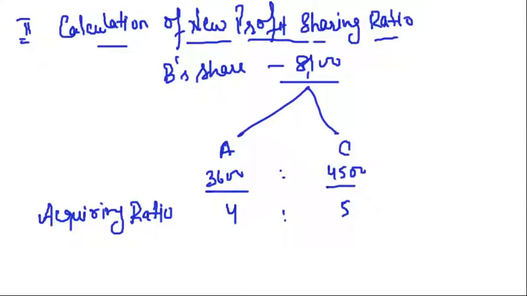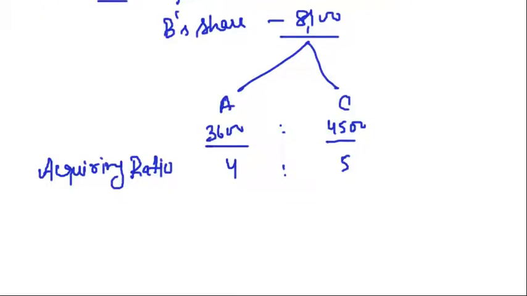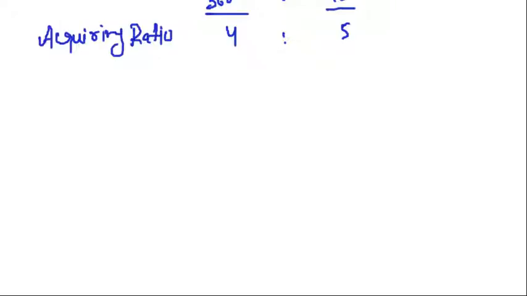How do we identify it? For 8100, A is paying 3600 and C is paying 4500. That means they are acquiring the share in the ratio of 4 is to 5. Now you know what the new profit sharing ratio is.